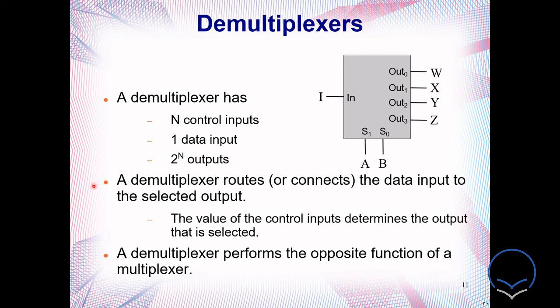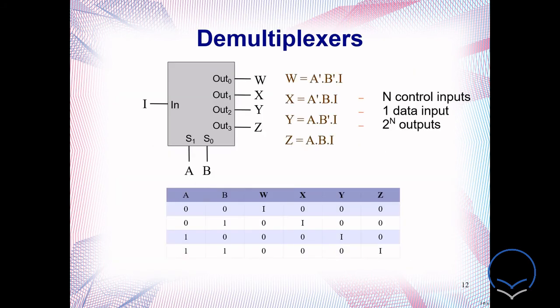A demultiplexer routes or connects the data input to the selected output. The value of the control input determines the output that is selected. A demultiplexer performs the opposite function of the multiplexer, as we already discussed.